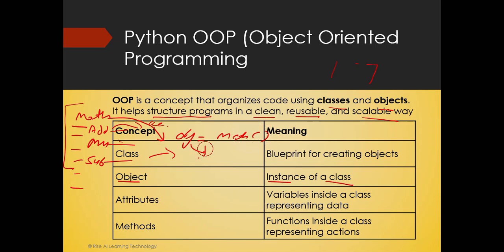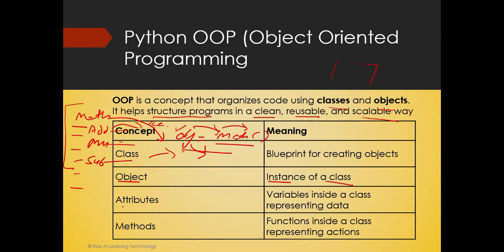Then this object obj is an instance of this class, because any features that exist inside the mathematics class can only be accessed through an instance of it. In layman language, to access some properties you need to create something like a child of it, which can communicate with this class. But don't think in the child way, it's just an instance used to access any class methods. So this is the way to create one instance, obj equal to this one.